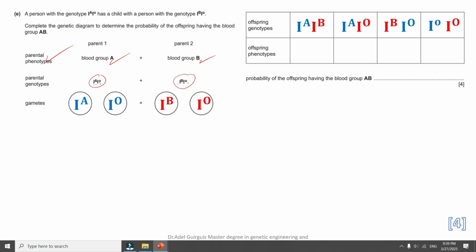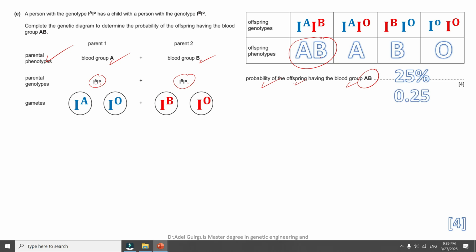What about offspring phenotypes? IAIB is AB, IAIO is A, IBIO is B, and IOIO is O. Here, in 4 individuals in the offspring, the probability of the offspring having the blood group AB is 1 in 4, I mean 25%, or 0.25, or a quarter.